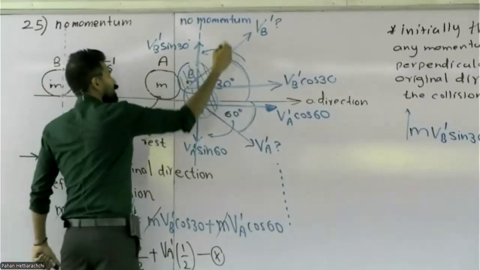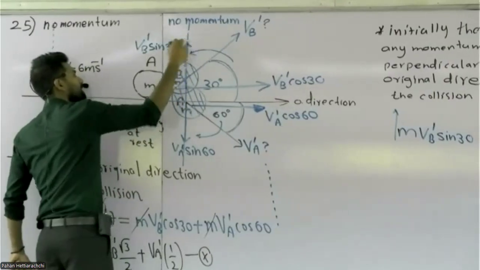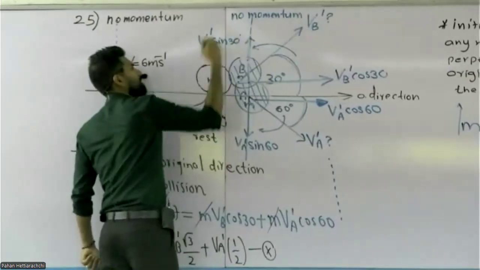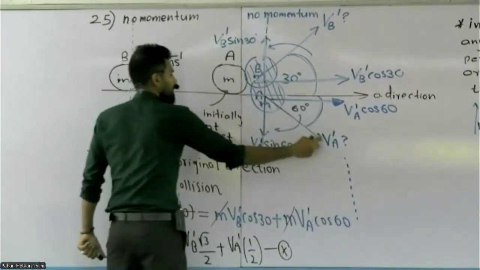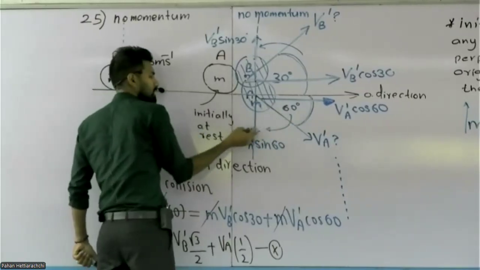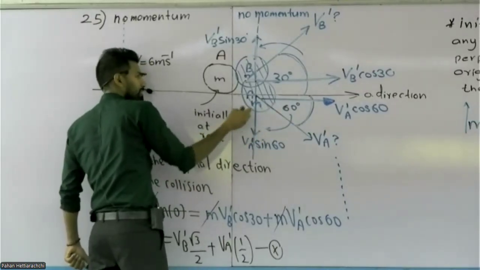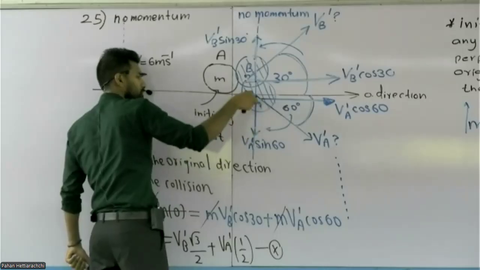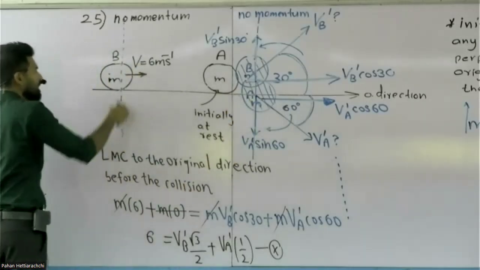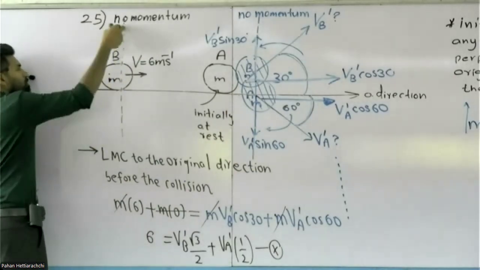If it is VB dash, this is VB dash sine 30. With M, the momentum will be M into VB dash sine 30 in this direction. If it is VA dash with 60 here, this is VA dash sine 60, and with M there's a momentum component in the downward direction, M VA dash sine 60. But initially, in the perpendicular plane, you don't have momentums.